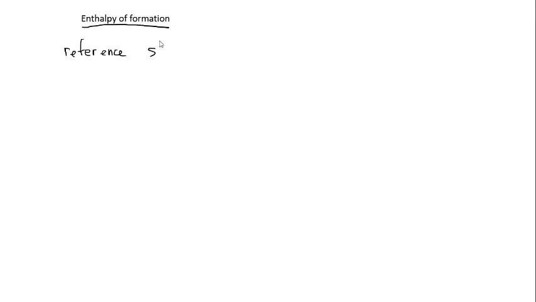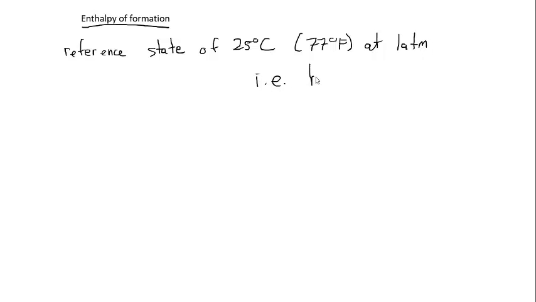So in order to get an enthalpy of formation, we need a reference state. The reference state is going to be basically 77 degrees Fahrenheit or 25 Celsius at 1 atmosphere. So our reference enthalpies are designated with a superscript 0. Same thing for internal energy.